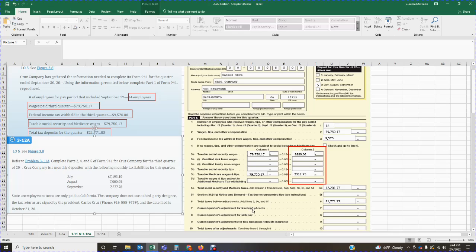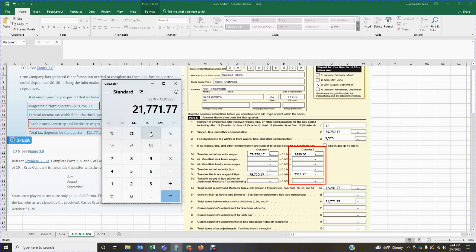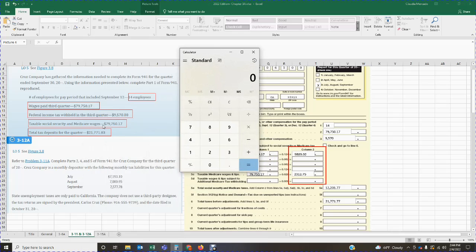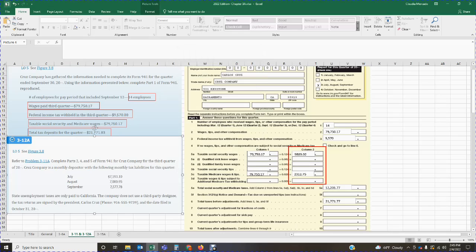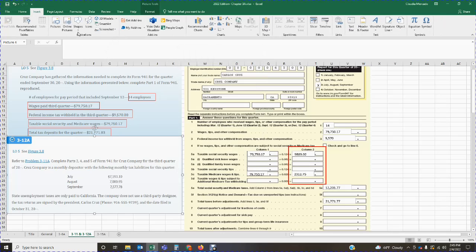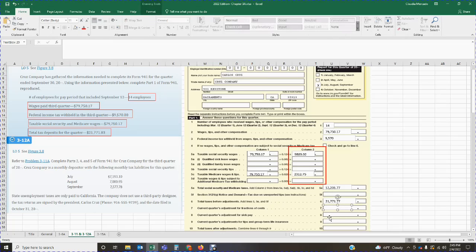So there is an adjustment for fraction of cents. So we're going to calculate that. We're going to get the 21,771.83, which represents the total tax deposits for the quarter. I'm going to subtract line item 6, total taxes before adjustments, which is 21,771.77. And that gives me 0.06. That is the amount of my adjustment.